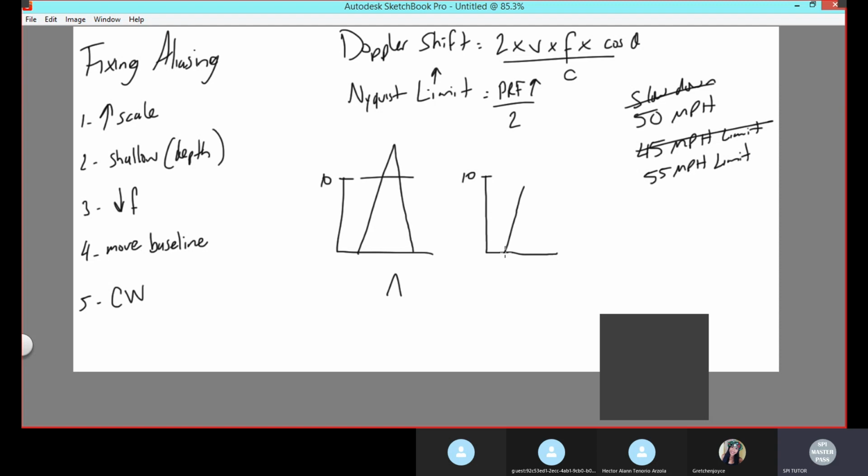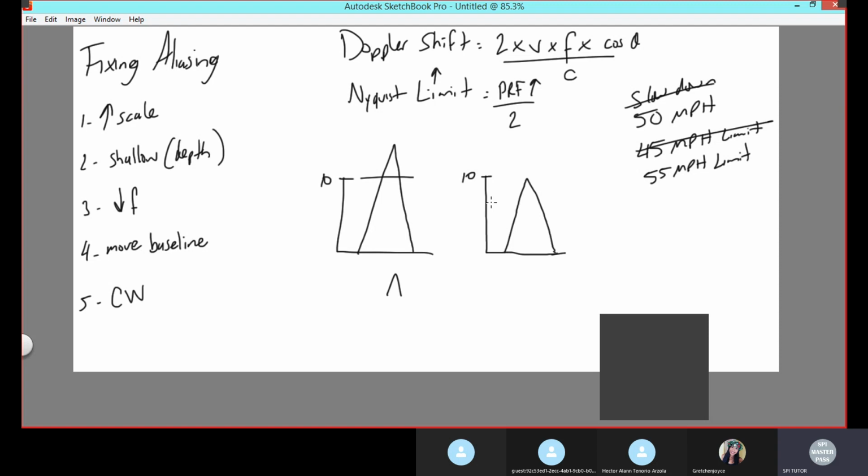But in here, I'm not aliasing. And that's what number three is. It says, why don't you make your wave smaller? And you achieve that by lowering your Doppler shift, because your Doppler shift is your waveform. So that's the other solution. You actually affect the velocity itself, the Doppler shift velocity. That's what you end up affecting, and you make it smaller.